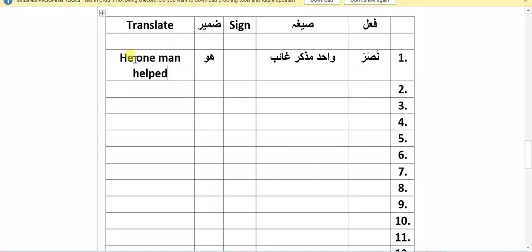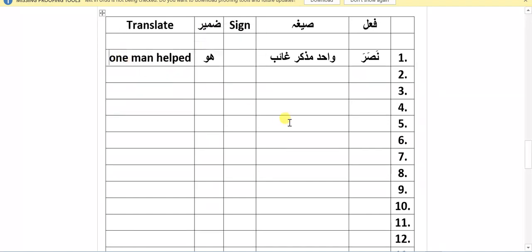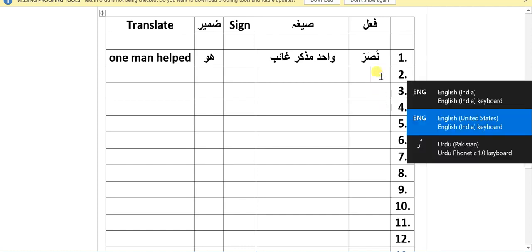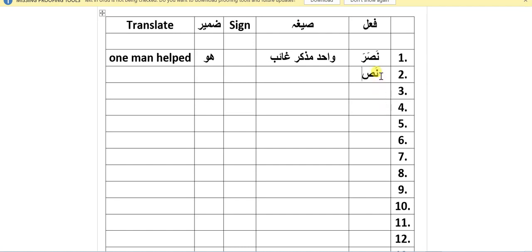Or I think there is no need to add he, one man helped. Then we have nasara, sega of tasniya muzakkar gayab. Sign is alif in the ending after nasara. Zamir is huma and the translation is two men helped.